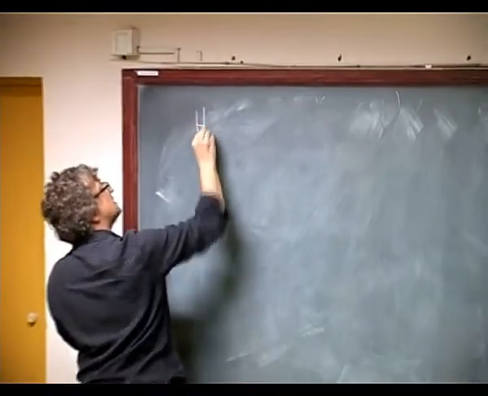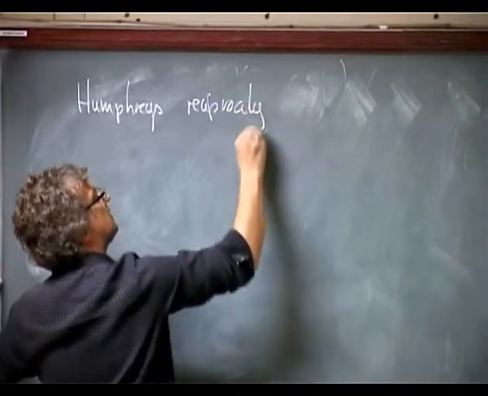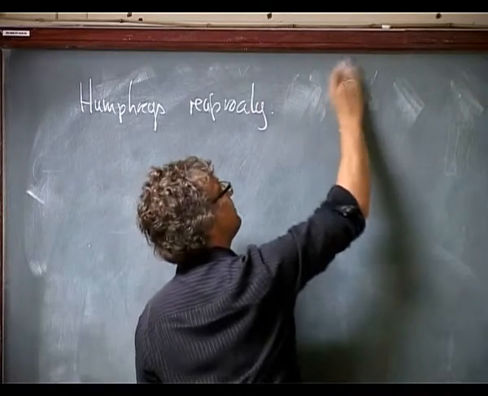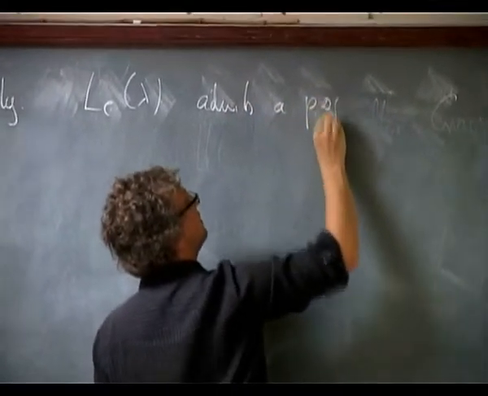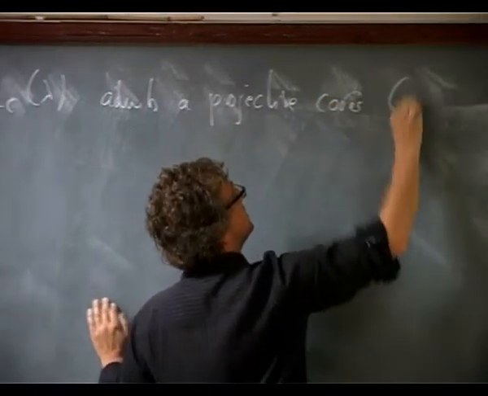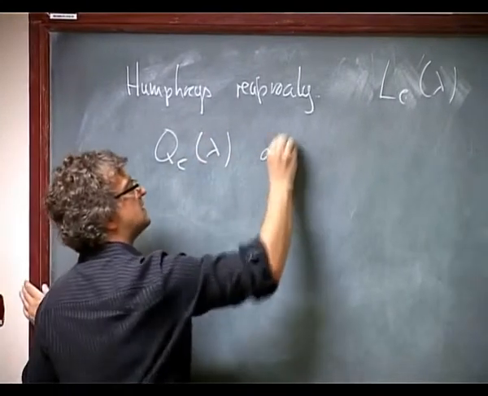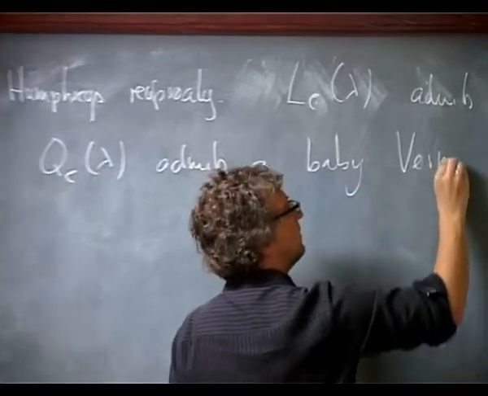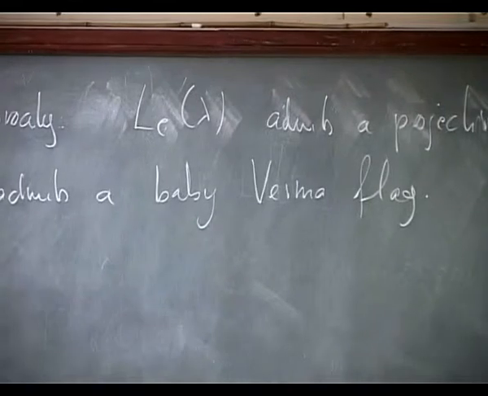One more step, and this is Humphreys' reciprocity, which is a version of an earlier version of the BGG, Bernstein-Gelfand-Gelfand reciprocity for category O. It says that L_C(lambda) admits a projective cover, Q_C(lambda) in this category C, and Q_C(lambda) admits a baby Verma flag, that is a filtration by sub-objects such that each successive quotient is isomorphic to one of the baby Verma modules.